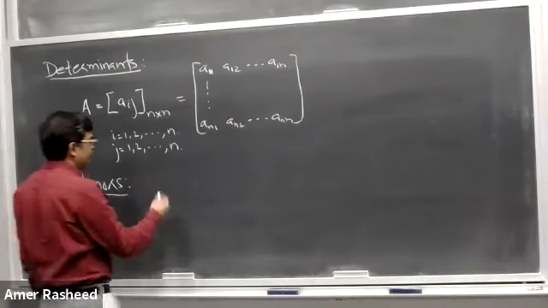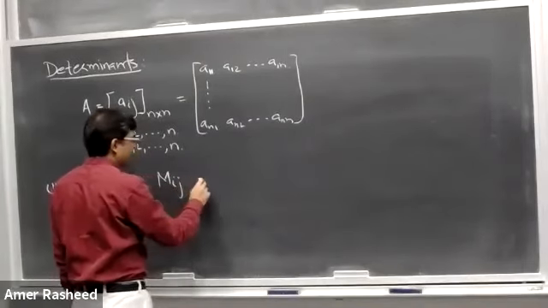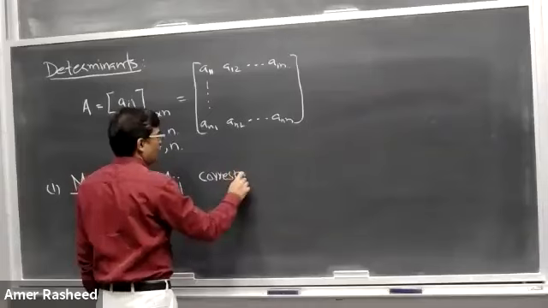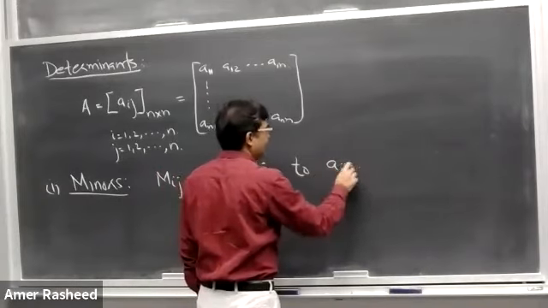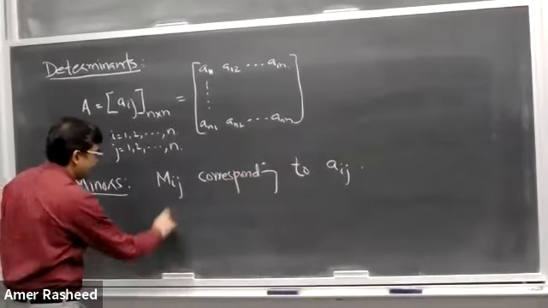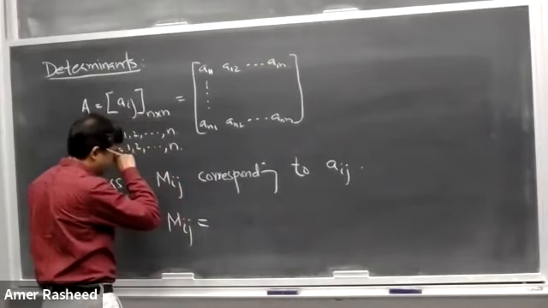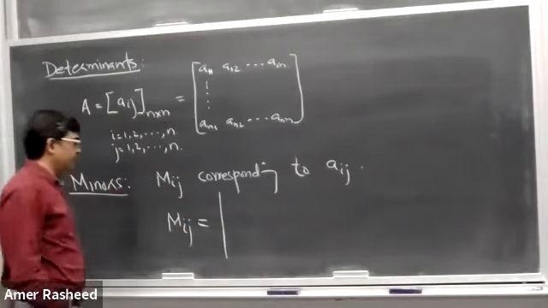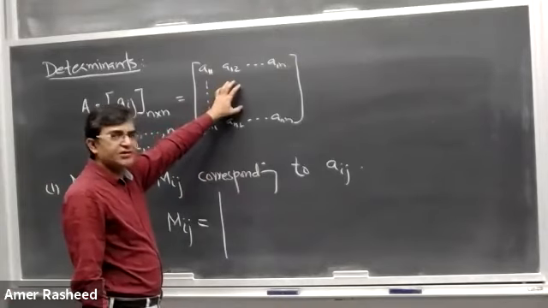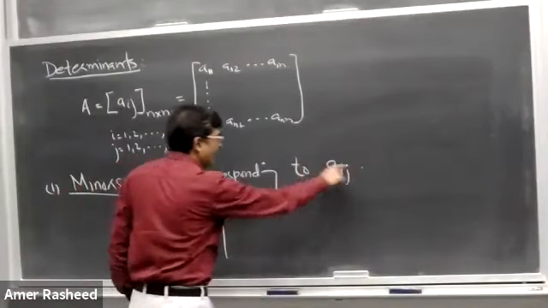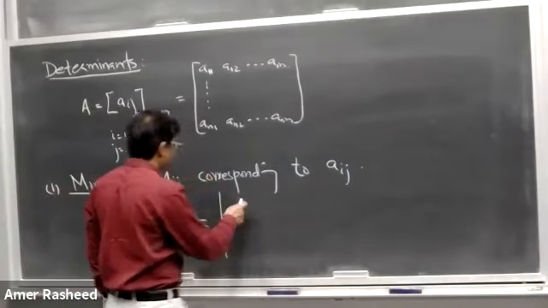A minor is denoted by Mij, and the minor Mij corresponding to an element Aij of the matrix A is defined as the determinant of the matrix obtained from the original matrix by deleting the ith row and jth column.